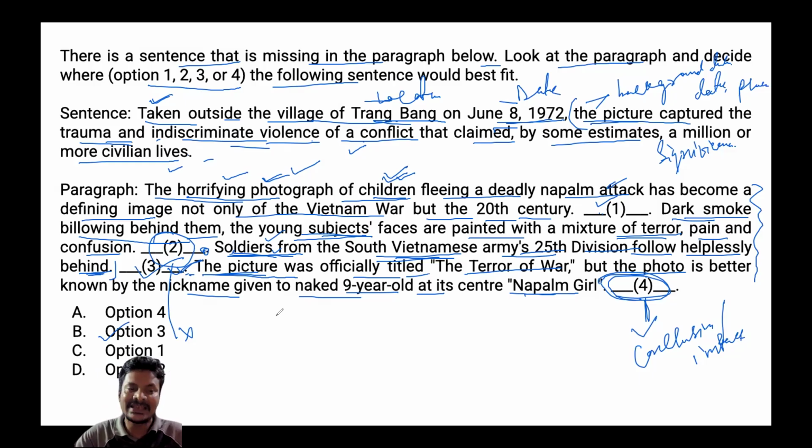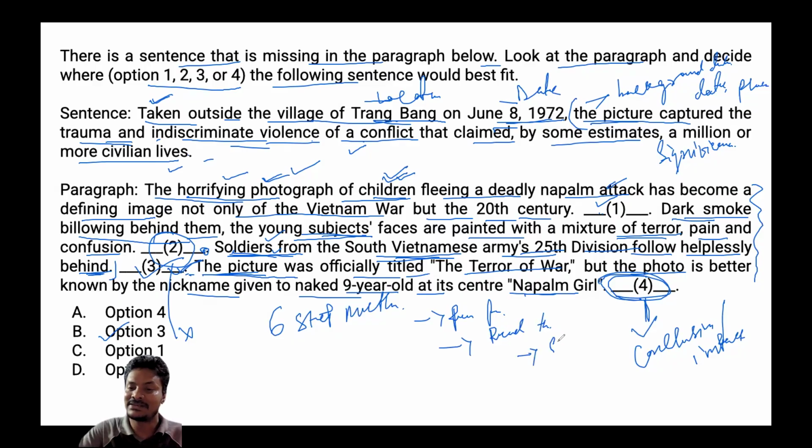So next time when you get insert-the-sentence questions, or sentence placement questions, you don't get panic, right? Just follow the six-step method. So that helps you. So what are they? Read the paragraph, read the sentence, then identify the sentence type, right?